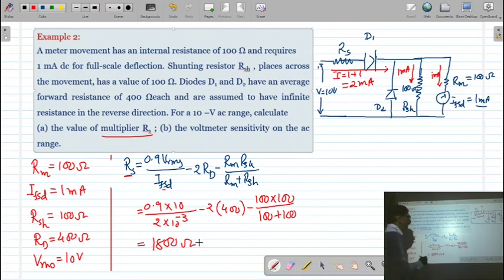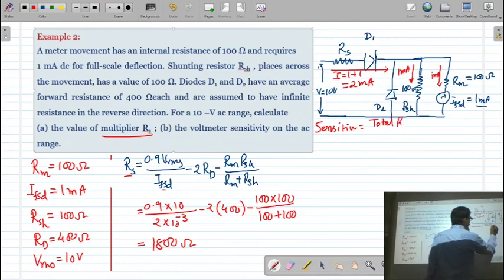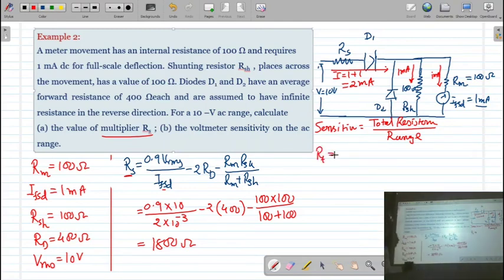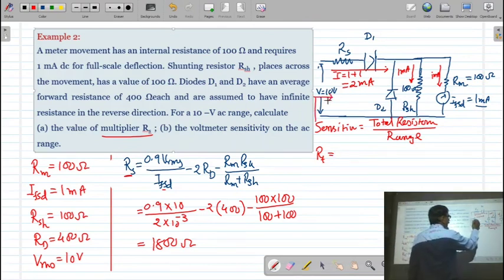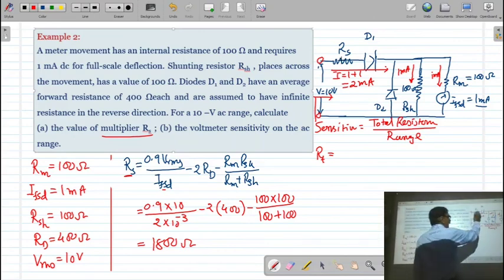Now, what is the second part? The voltmeter sensitivity. Just now I already mentioned that the sensitivity is total resistance divided by the range. And here, to calculate the total resistance, you have to consider the resistance between these 2 points. You can see that Rs is there plus RD.